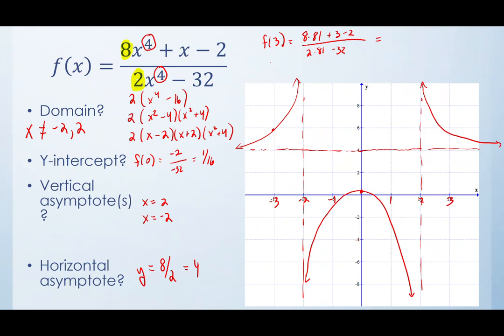And we can do the same thing with negative 3. We can say f of negative 3. We're going to have 8 times 81 minus 3 minus 2 over 2 times 81 minus 32. So it's a pretty big number, positive, I think. But that's all I really care about at this stage. Okay. So we'll talk a little bit more about our horizontal asymptotes and then obliques.